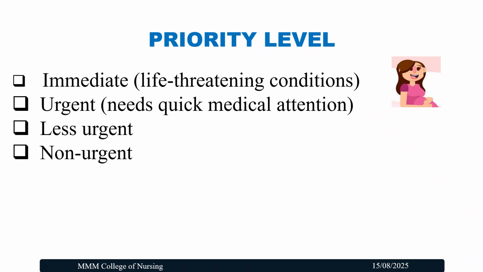That is category 1. And the urgent, that needs quick medical attention based on the vitals and the present complaints. And the third priority, less urgent, that is able to manage that case, and non-urgent, that is in case of death. In that case, we are not to urge for anything else.